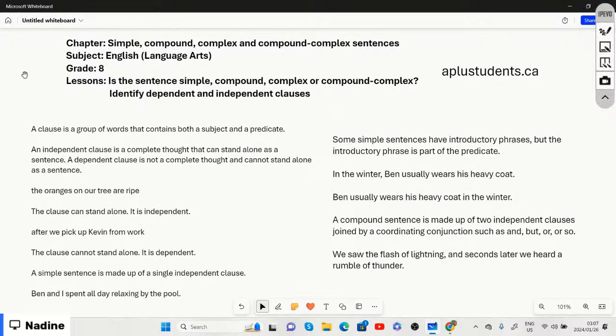A dependent clause, on the other hand, is not a complete thought, and it cannot stand alone as a sentence.